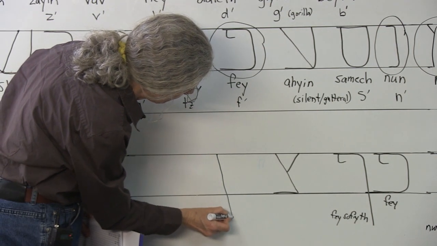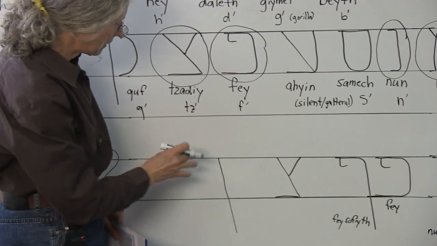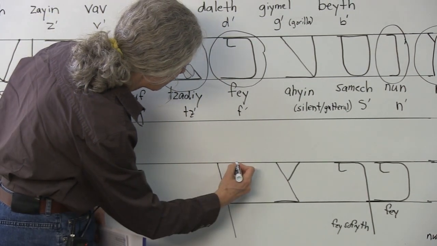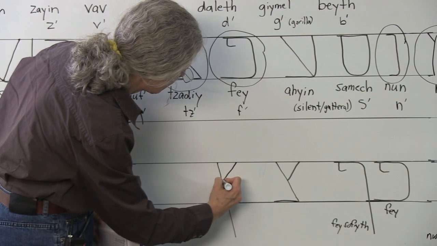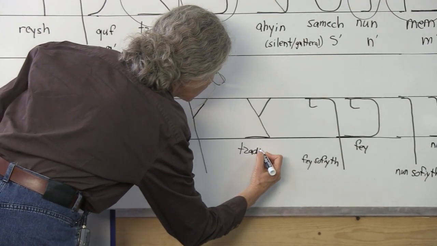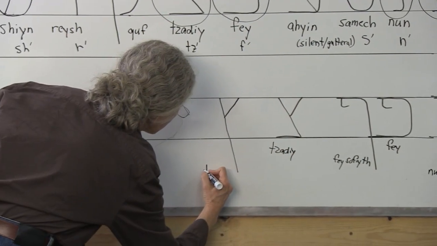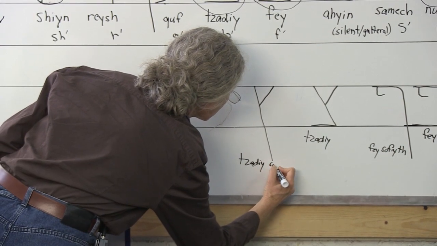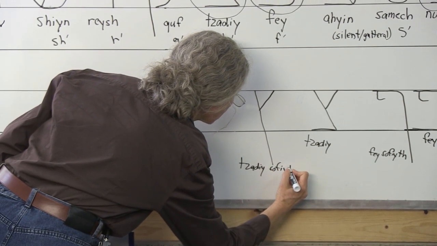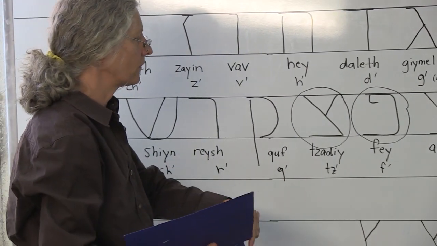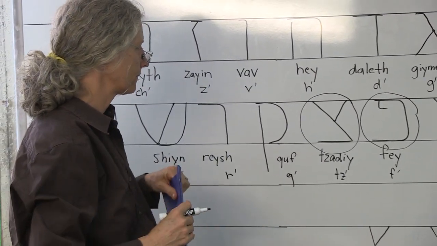Okay, still a little diagonal, but it's straightening out. And then you make that little Y coming in, okay? So Tzadi and Tzadi Sofyth. Alrighty. So those are all the final forms, or the Sofyth forms.